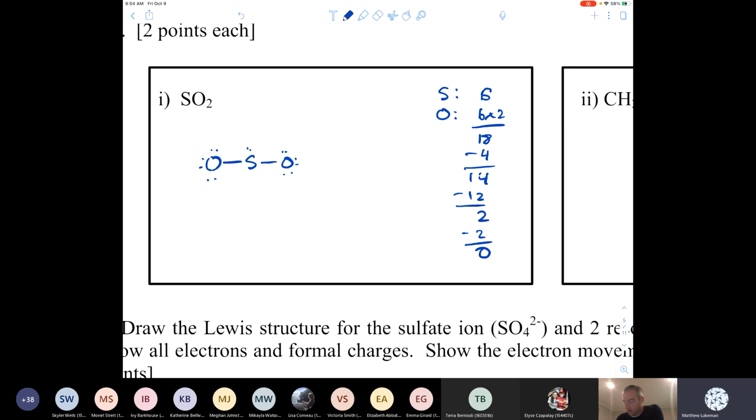And very quickly, we would see that the sulfur does not. It only has 6 valence electrons and it needs 8. So we would look to an adjacent atom that might have a lone pair that we could pull down. And either oxygen we could use. We pull down the lone pair to make sulfur-oxygen double bond.